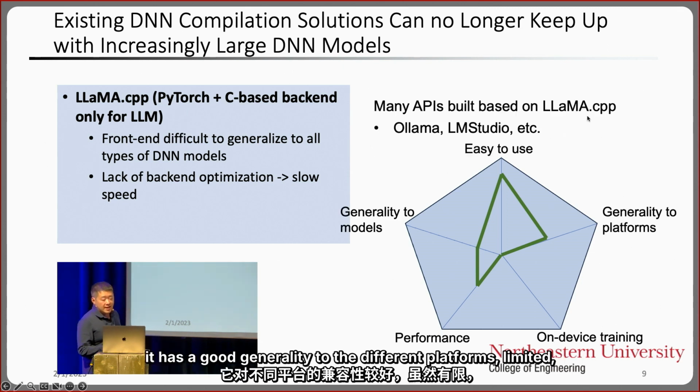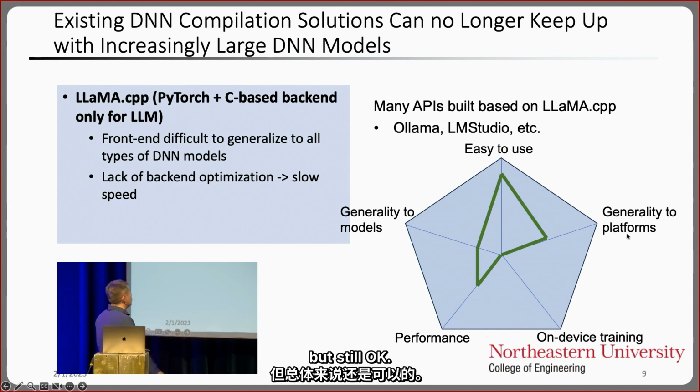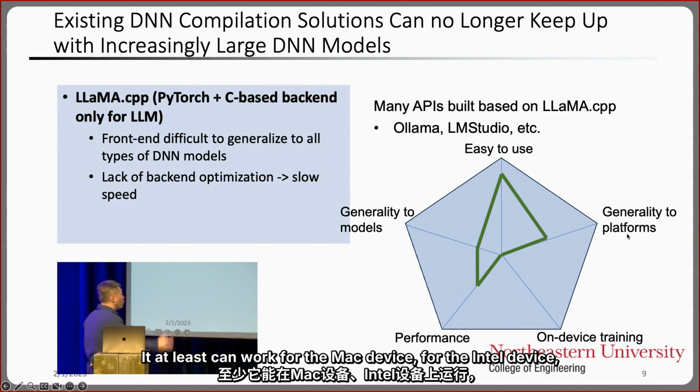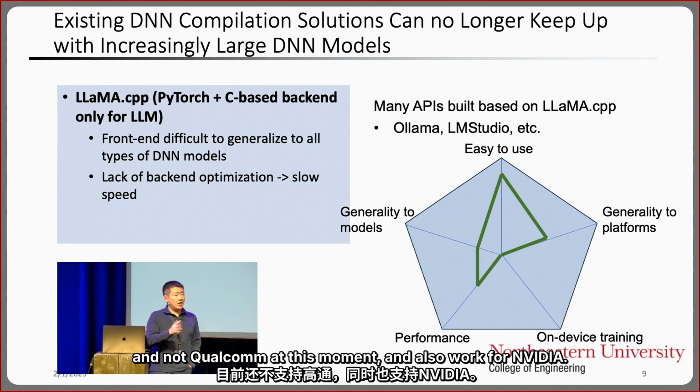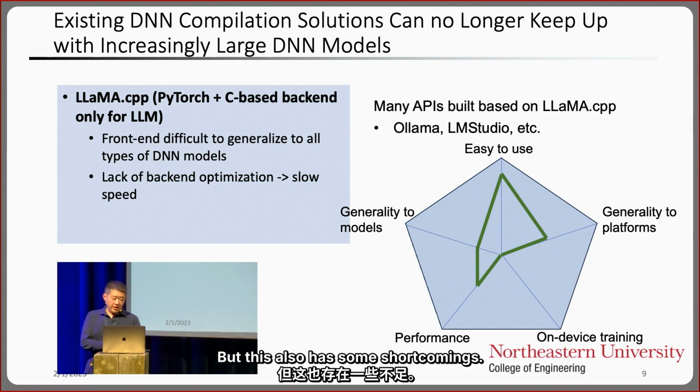It has good generality to different platforms, limited, but still okay. It at least works for Mac devices and Intel devices, not Qualcomm at this moment, and also works for NVIDIA. But this also has some shortcomings.